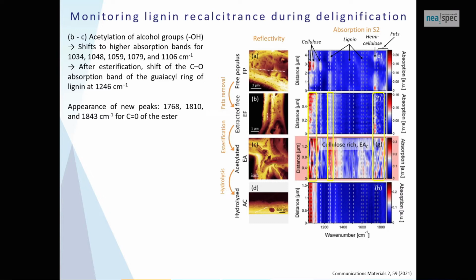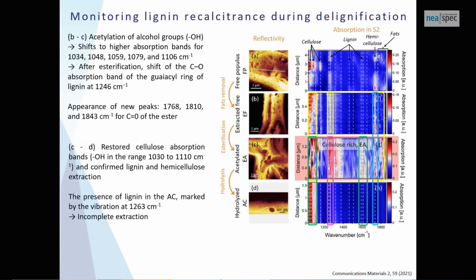And finally, we also have all these peaks that are here from the ester COO link. And finally, the last step to try to remove lignin and hemicellulose, we actually see that the hemicellulose is removed, the lignin is removed, but we still have some remaining, let's say, peak associated to lignin. That means we have an incomplete extraction.